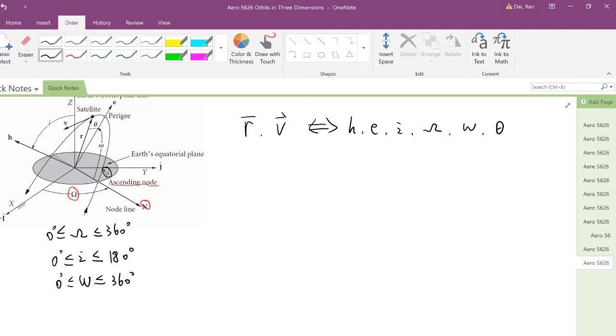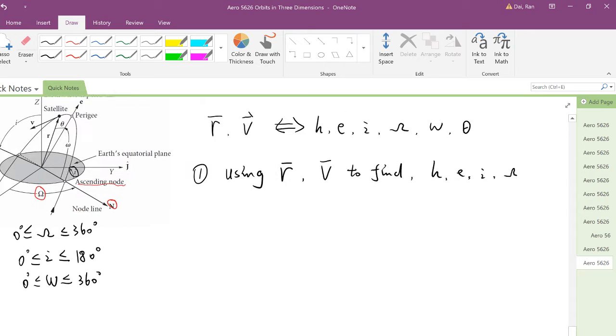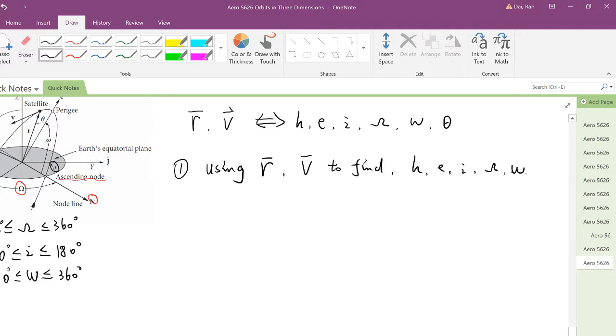We will do the first one, that is using the velocity vector and position vector to find H, E, I, omega, small omega, theta.